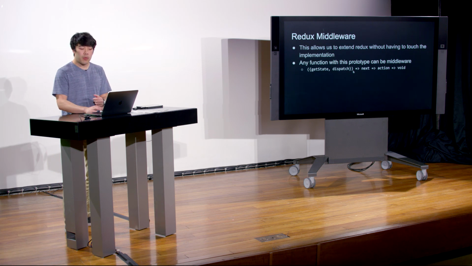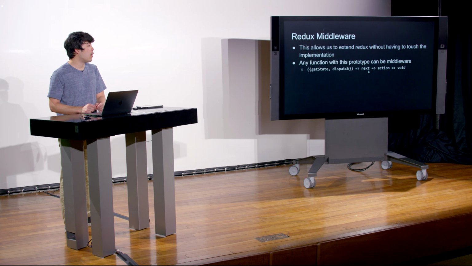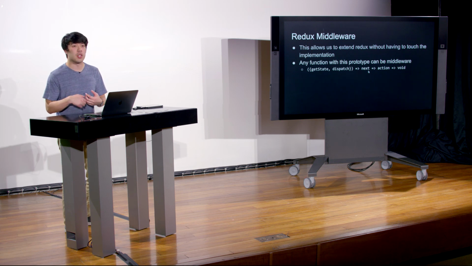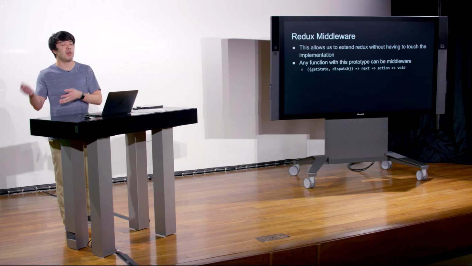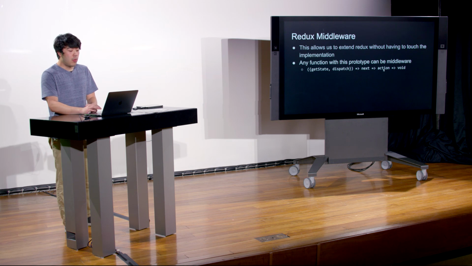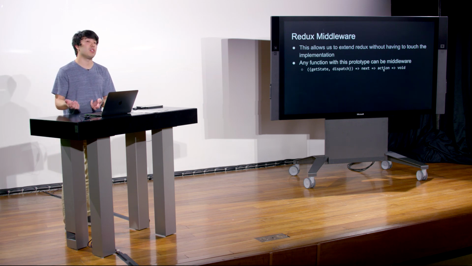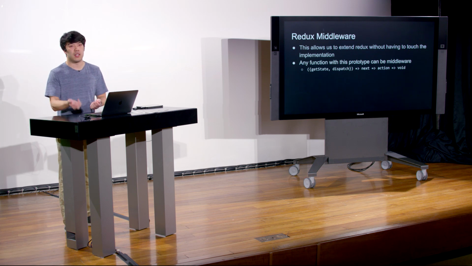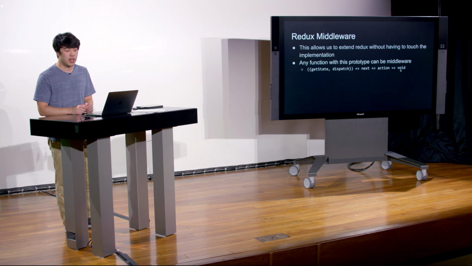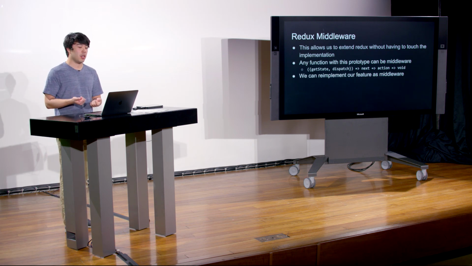We then return a function that expects an argument called next, which is basically the next middleware in the chain. We then return a function that expects as an argument an action, which is basically every single action that gets dispatched. And finally, we do whatever we want, and we don't have to return something at the end if we don't want to. So we can actually re-implement our feature as middleware. And so let's go ahead and do that.